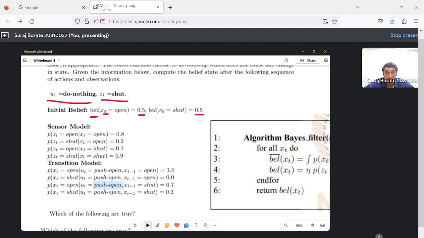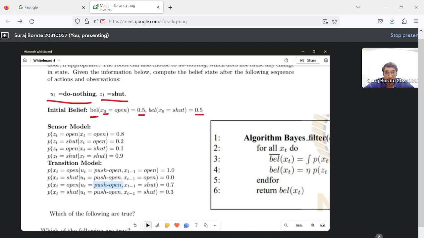P of x1 equal to open given u1, so what is u1 given? Nothing done, right? So I will just write nothing, comma x0 is equal to open. This multiplied by belief of x0 is equal to open. This is the transition step into belief of xt minus 1.